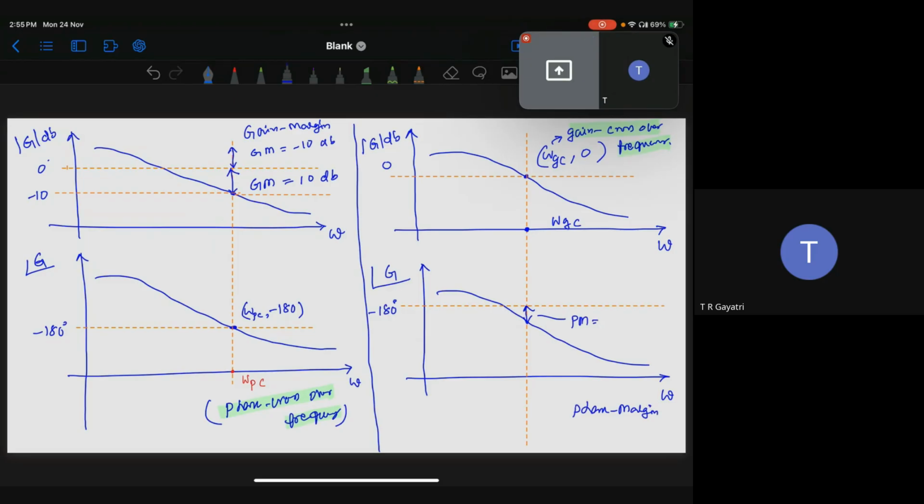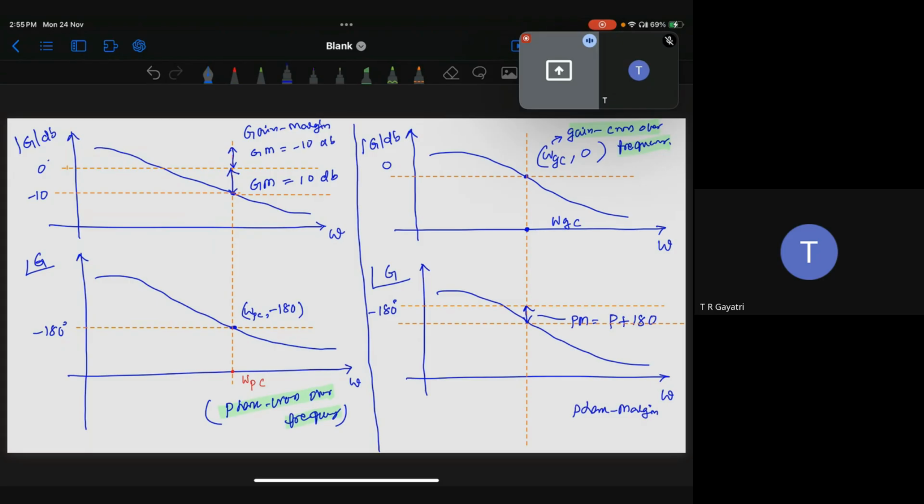So we can say that it is P plus 180, where P is the amount it has deviated.